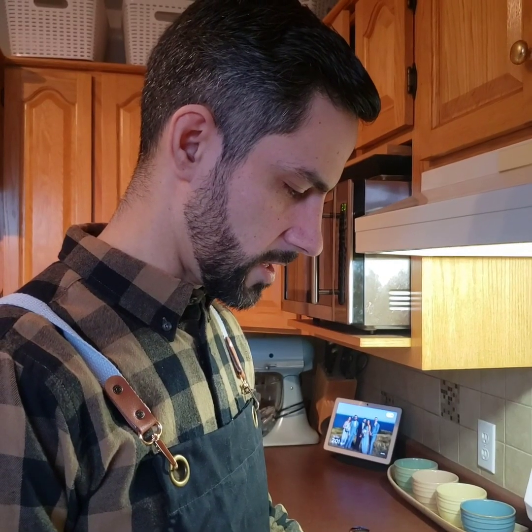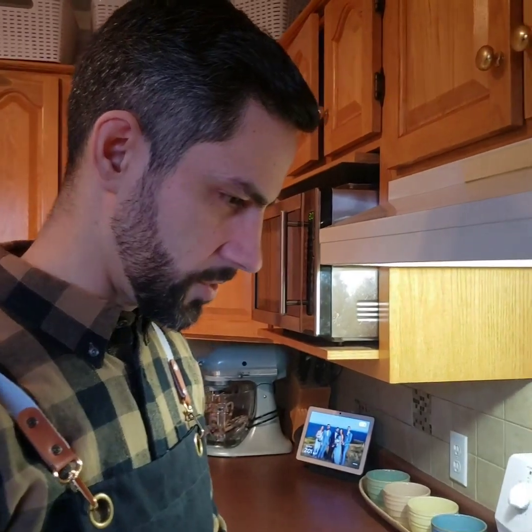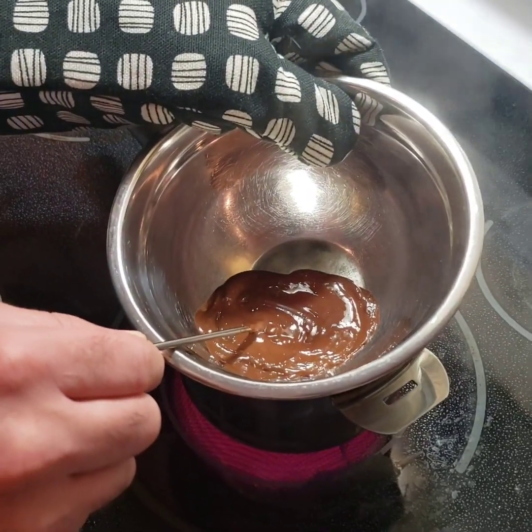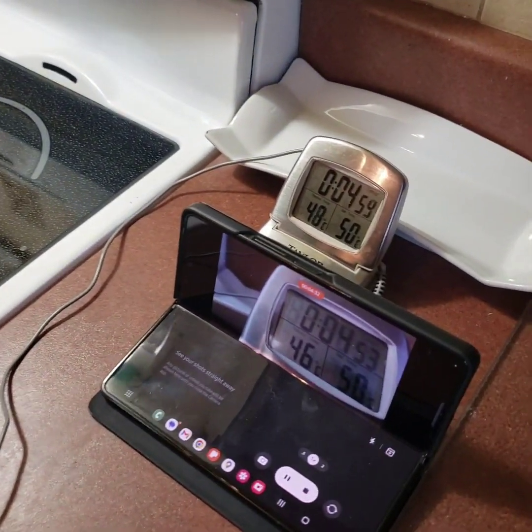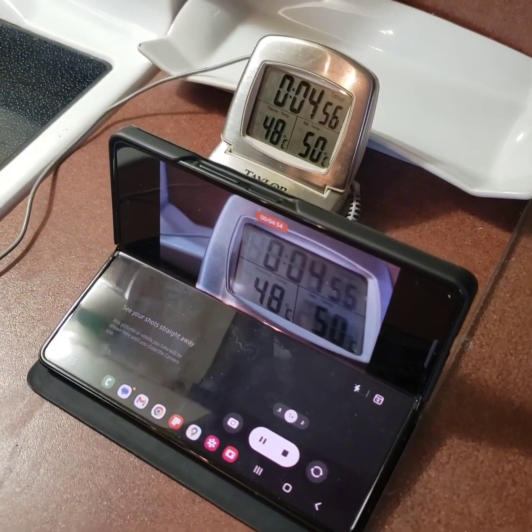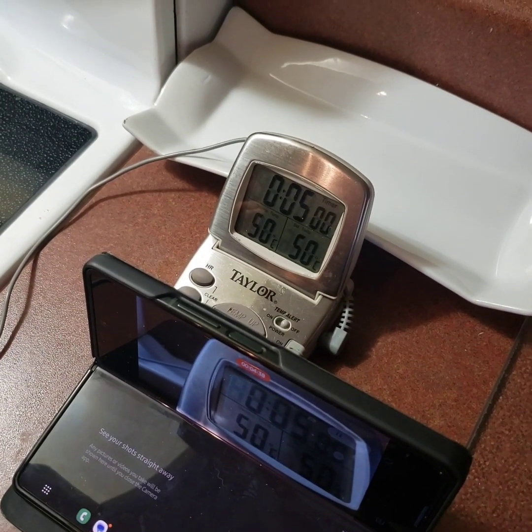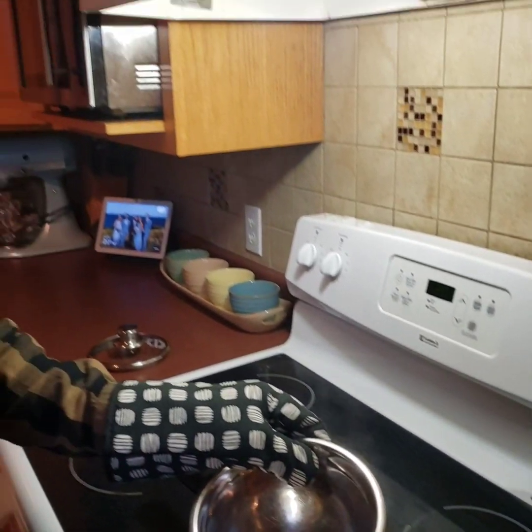All right, so this chocolate here, she's almost completely melted. At this point, I should start seeing the temperature rise a little bit more than the 30 to 40 that I was seeing while we were cooking it. We're going to keep this going so I can get a good plot on my graph.